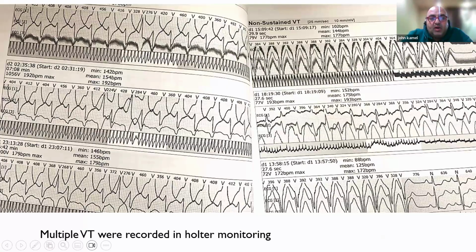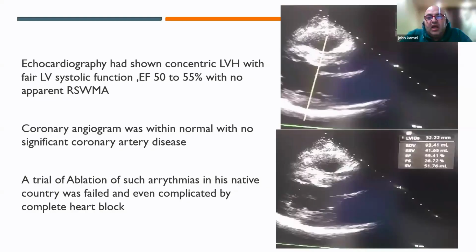About his echocardiography: the first thing when we see a wide complex tachycardia, we ask for echocardiography. His echocardiography showed concentric LVH, about 15 millimeters, with fair LV systolic function about 50 to 55, but no apparent resting segmental wall motion abnormality.